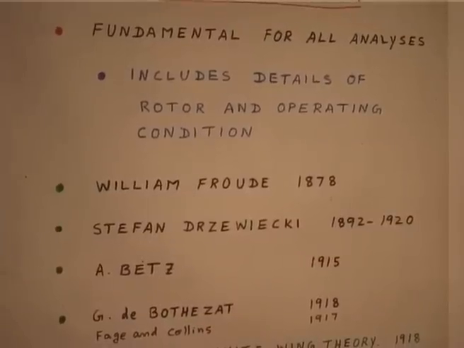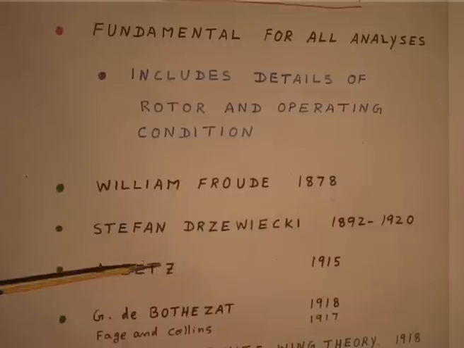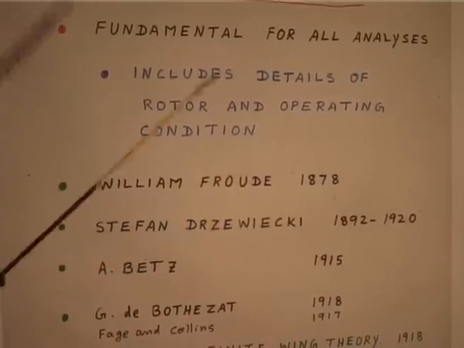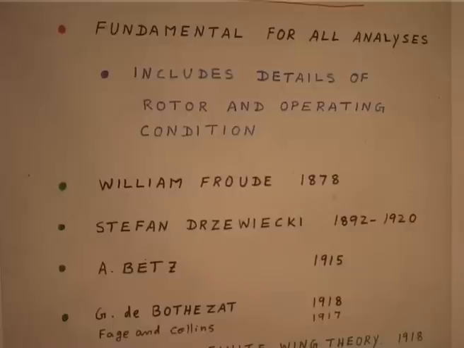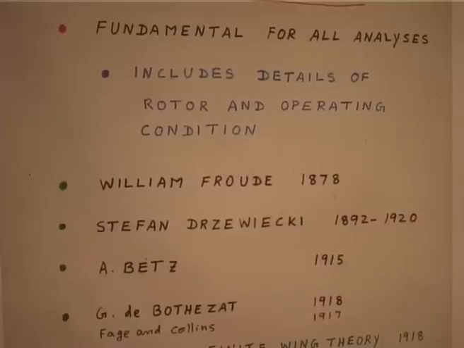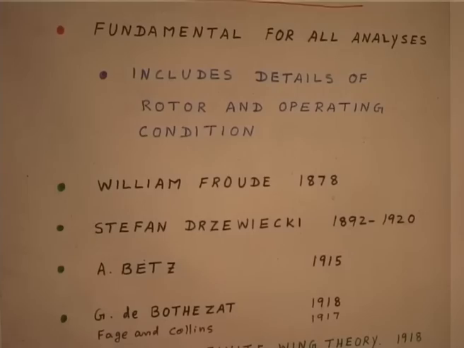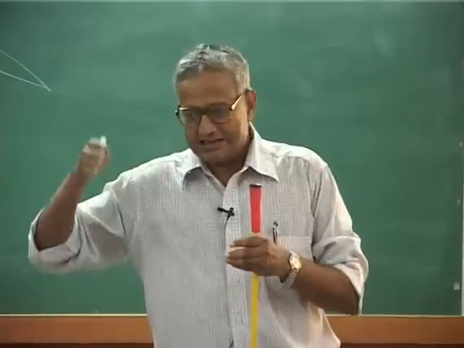Even the fixed wing. But then the real development was done by Stefan Drzewiecki, from 1892 to 1920. What he did was for propellers. As the propeller is going forward, it is not hovering, there is a velocity which is coming, and there is an omega r, which is due to rotation velocity at any cross section.